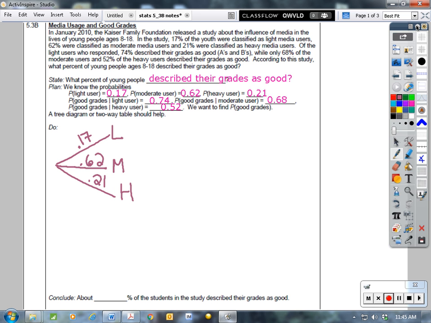So what we're going to do now is we're going to go ahead and break this down based on the conditions. So my light users then were broken up into good grades and not good grades. So 74% of those light users had good grades, which means then 26% did not have good grades. And then I can break it down over here. Good grades, not good grades.